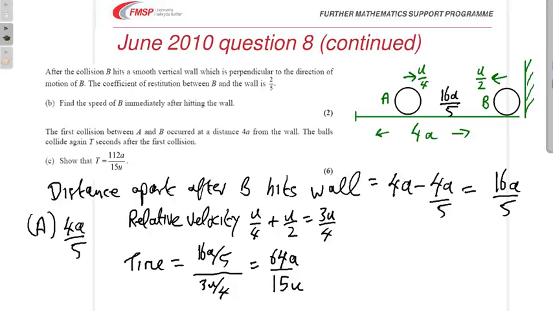Now, is that the answer? Let's just read the question again. The balls collide again t seconds after the first collision. No, that's the time it took for them to cover the distance that they were apart. So the total time is 64a over 15u, which we've just got there, plus the time it took for B to reach the wall, which was 16a over 5u.